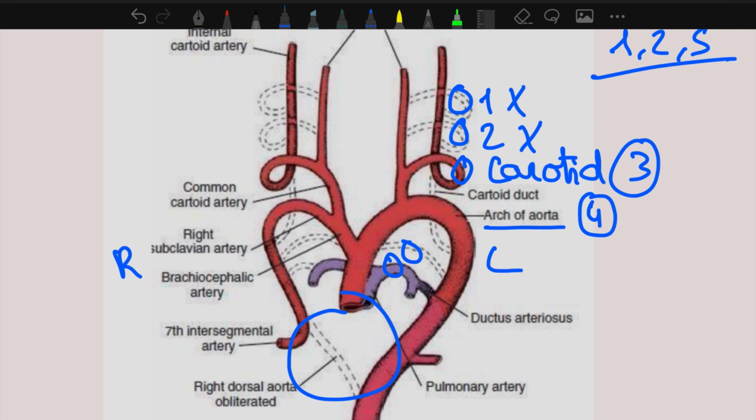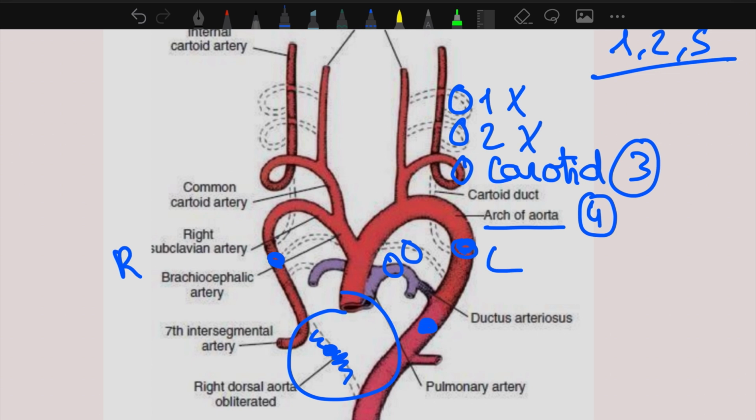We can divide them into a proximal part and a distal part. This is the proximal part of the fourth aortic arch, and this is the distal part. It's exactly like the first and the second one. It will die. So the distal part of the right fourth aortic arch will die.